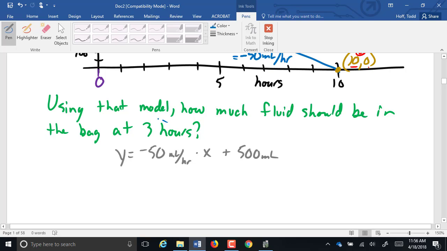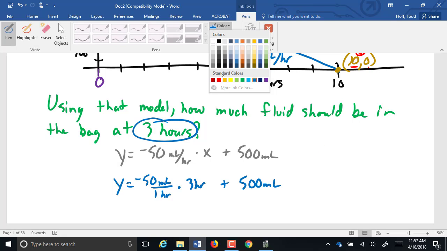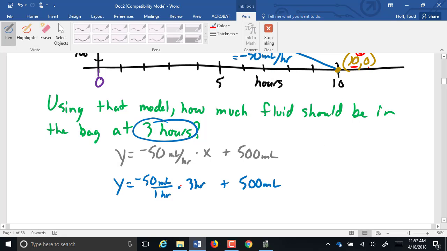What this is saying is put 3 hours in for x. So y equals negative 50 milliliters, I'm going to write that over 1 hour. The reason I'm doing that is x is in hours. So this is times 3 hours plus the 500 milliliters. If I look at my calculation here, my 3 hours times the negative 50 milliliters per hour, I have to make that a fraction so that it multiplies out.